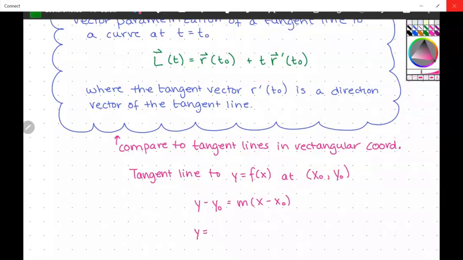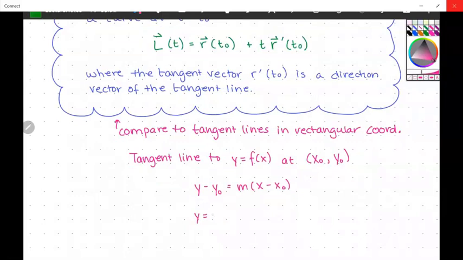Our m is just our derivative, the derivative evaluated at x naught.